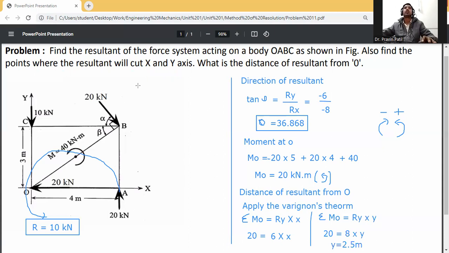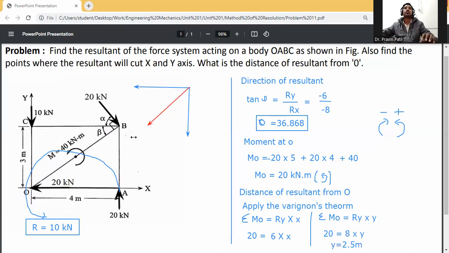Now locate the location. I will show it here, with the x-axis and y-axis. It is located in the third quadrant. Why the third quadrant? Because both the reactions Rx and Ry are negative, so it will be located here.